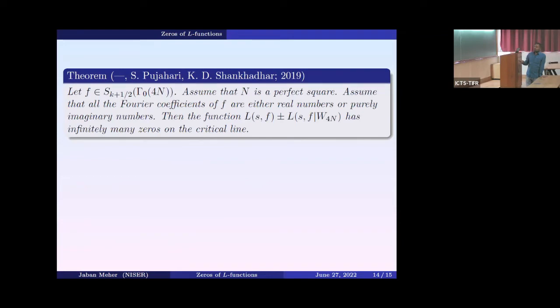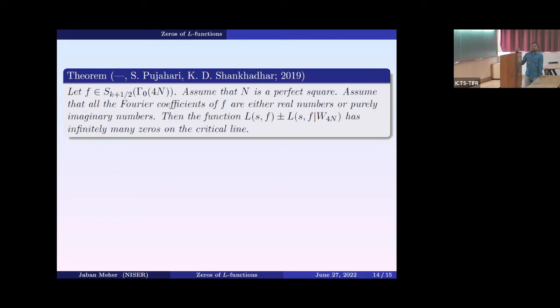The reason for N being a perfect square is that f|W_4N is a cusp form, but if N is not a perfect square, it will not lie in this same space. It will be with some character on Gamma_0(4N).